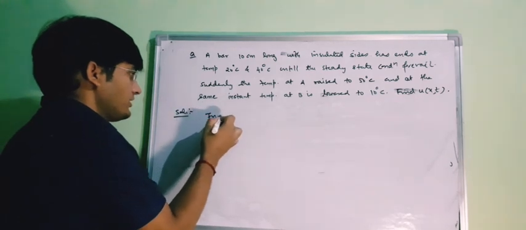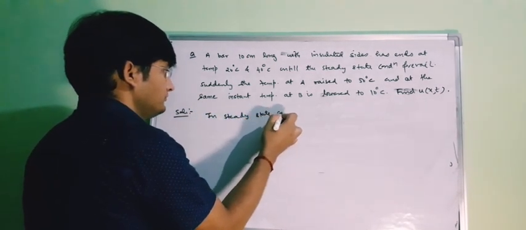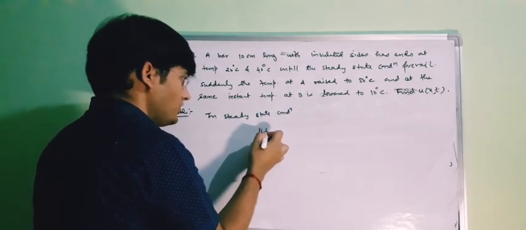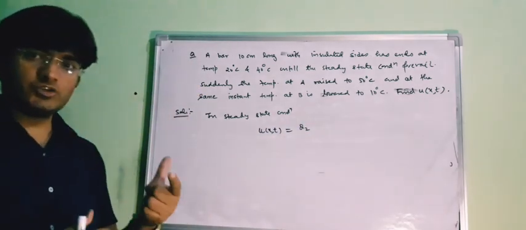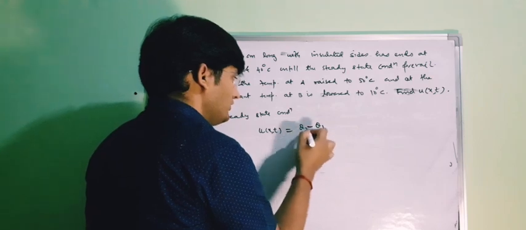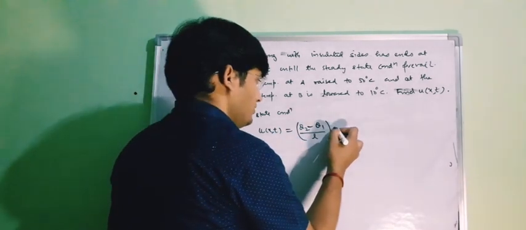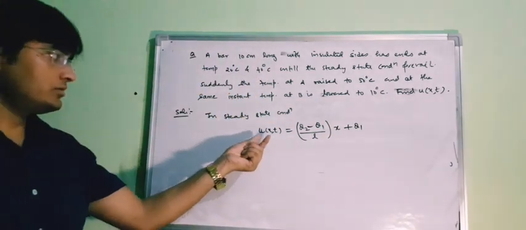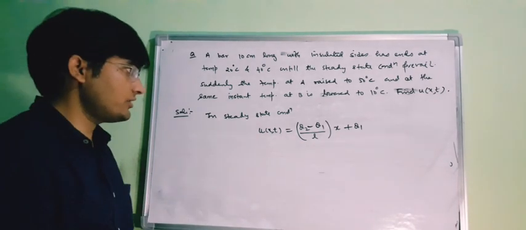In steady state condition, we know that the temperature u(x,t) is equal to (theta 2 minus theta 1) divided by the length of the rod, into x, plus theta 1, where theta 2 means the temperature at B. So this is your formula for the steady state temperature.